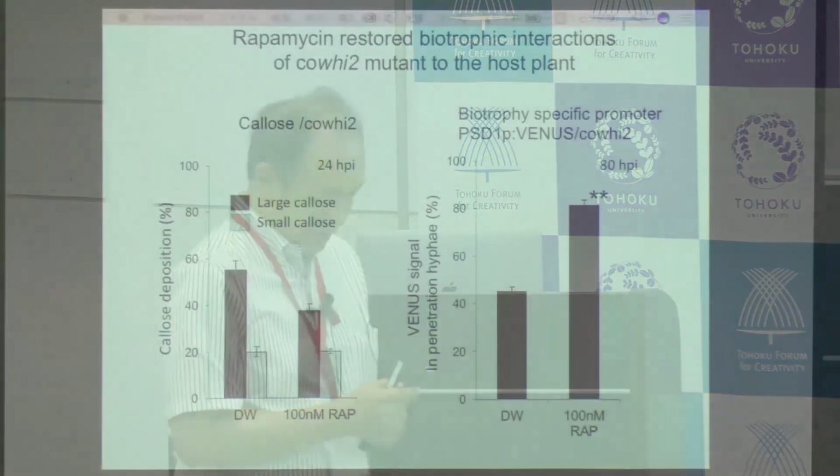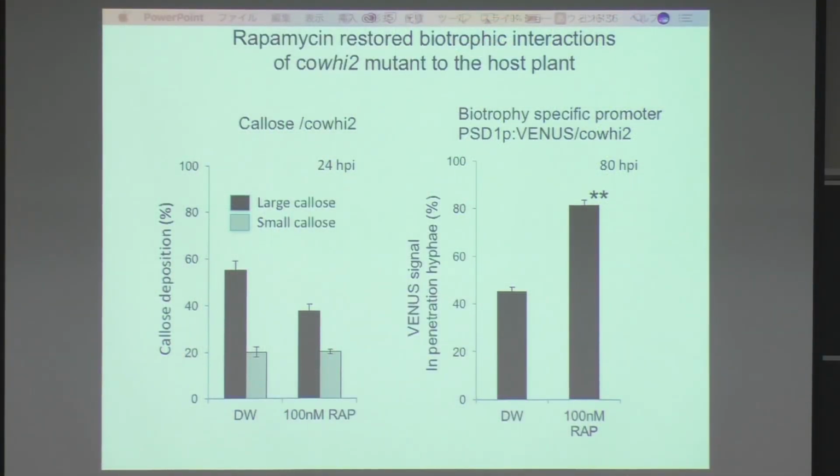Lastly, we evaluated whether the establishment of biotrophy is under TOR regulation. In the data here, the callose deposition of the V2 inoculation increased after the inoculation, but application of rapamycin decreased the callose deposition.